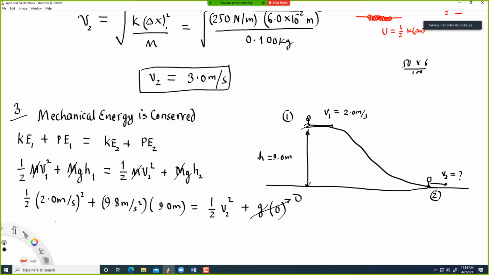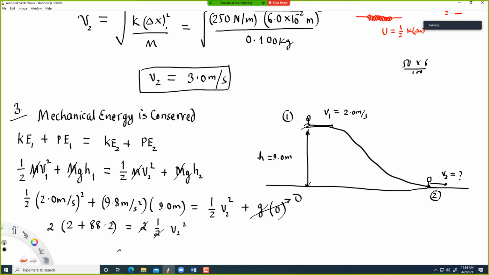So let's do the math. I want you to find V2. So this would be 2 squared, give you 2, plus 9.8 times 9. What's that? 88.2. That is equal to... then multiply both sides by 2 to get rid of 1/2.